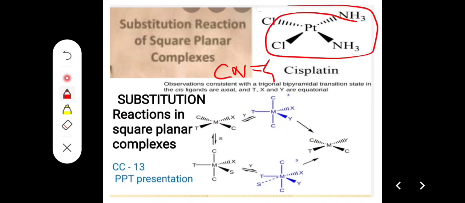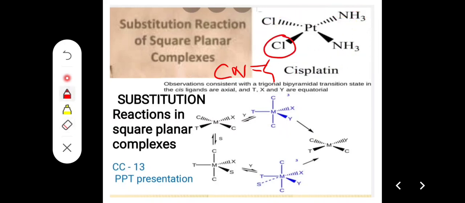So it has this type of orientation. In square planar, all the atoms are in the same plane. You can say there is one Cl and one ammonia above the plane, and Cl and NH3 below the plane.